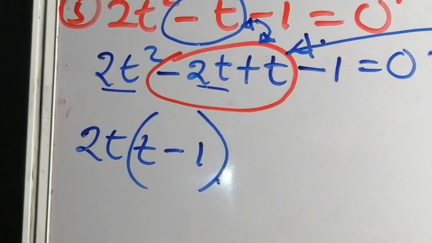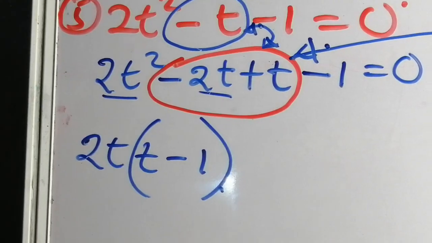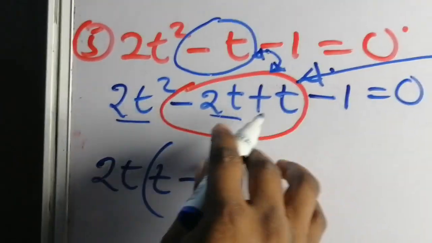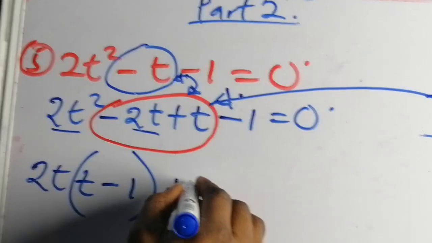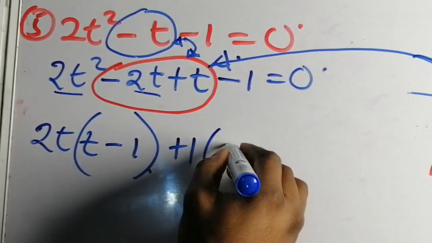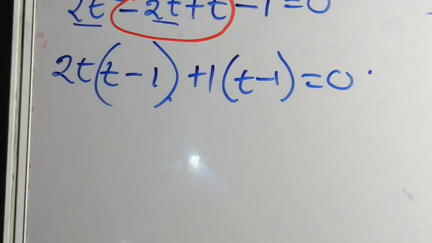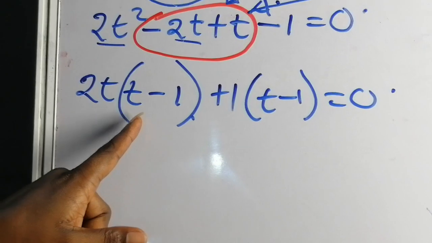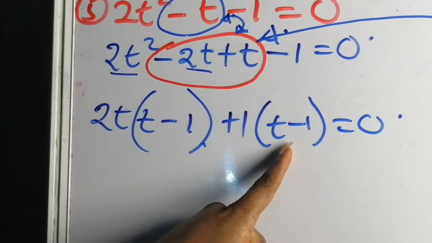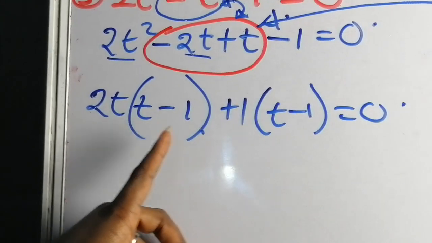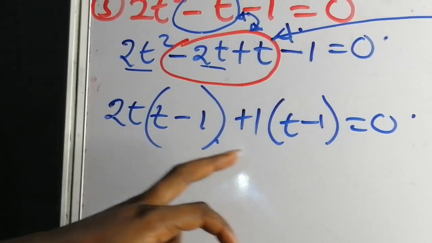Now, if you look at this very well, I can bring plus 1 out and make it t minus 1 equals 0. Why did I bring plus 1? Because I know the value I got here, I must repeat it here for factorization, to get your value of t, because it's very key. I need to repeat it here.